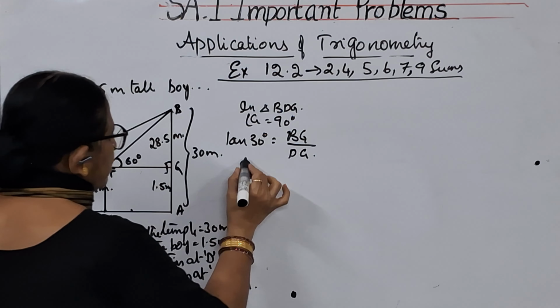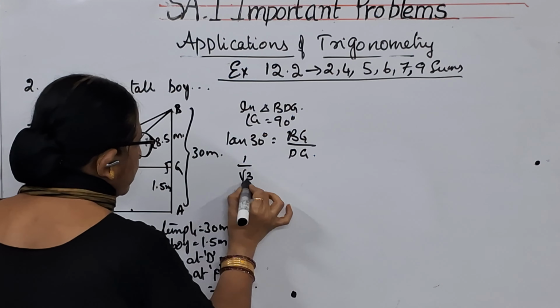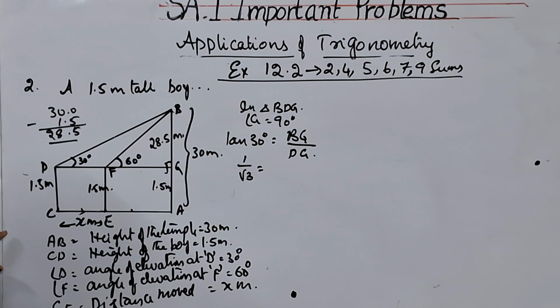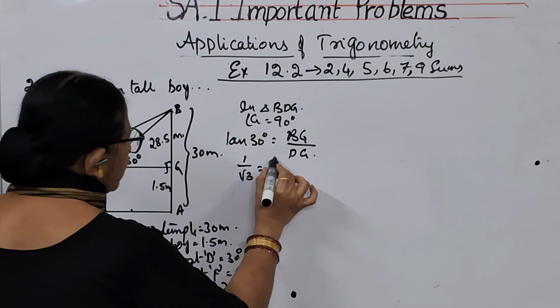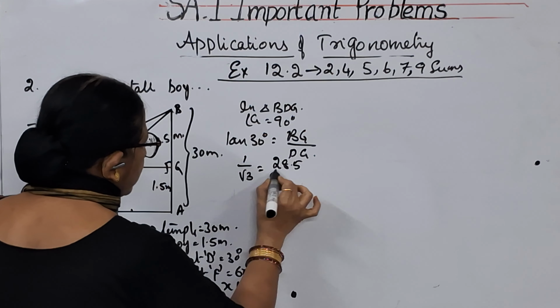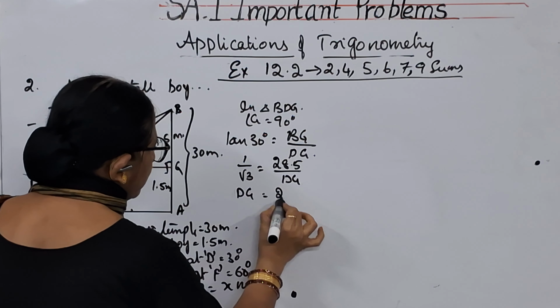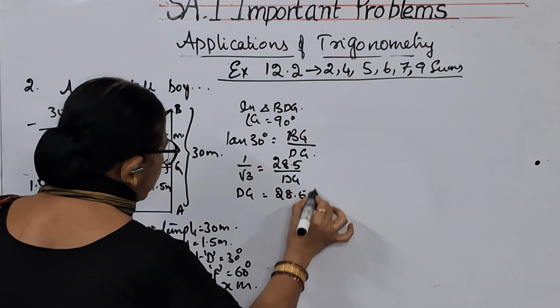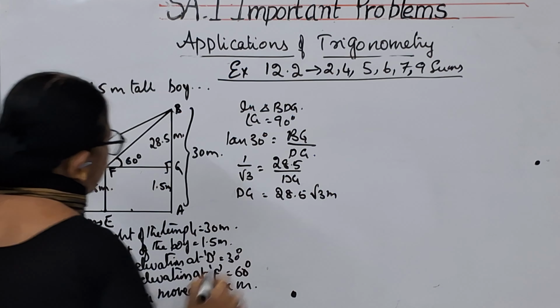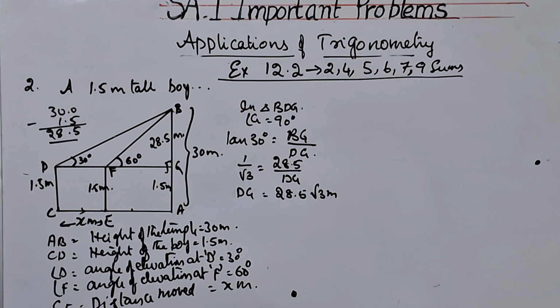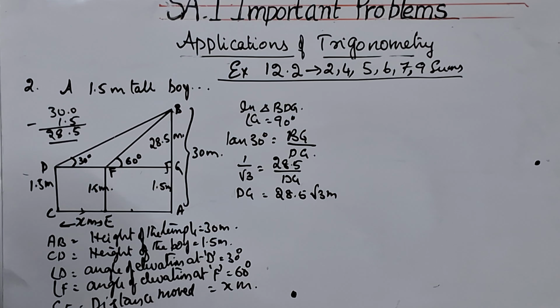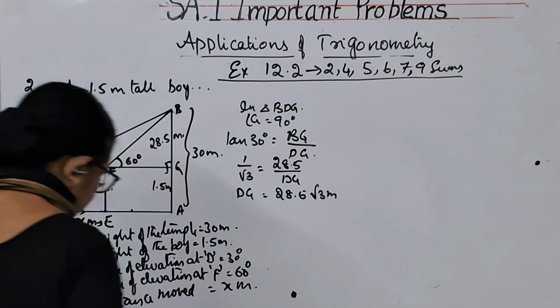Tan 30 degrees is 1 by root 3, equal to BG by DG, that is 28.5 by DG. So DG is 28.5 root 3 meters, the distance from D to G. This is in triangle BDG. Now we go to the next triangle.